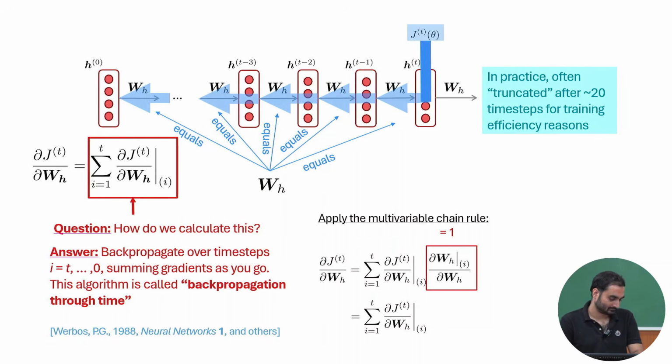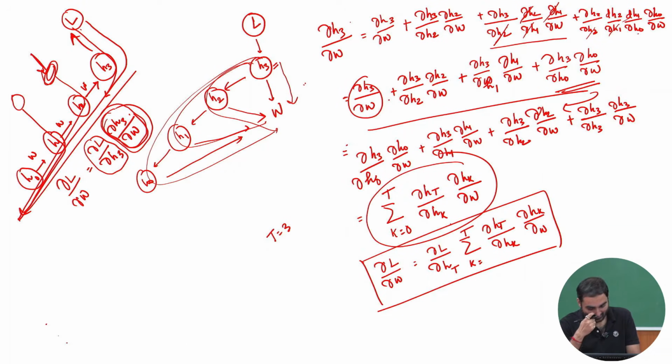Okay, now think about it. What's the problem here? If you look at it very carefully, the derivative here is not so easy, because these are not normal derivatives.